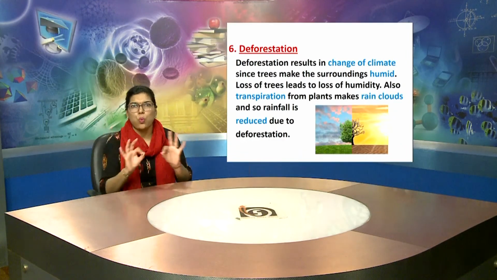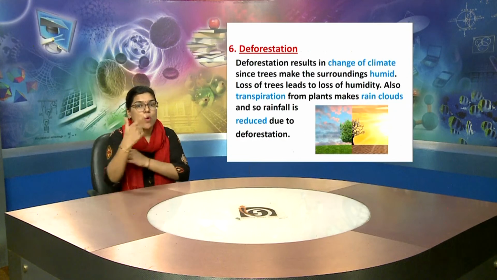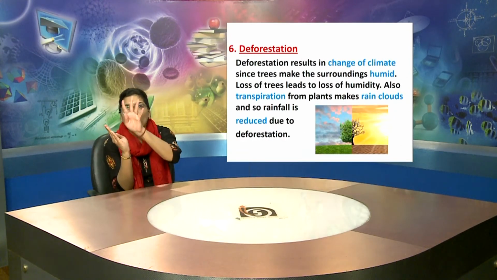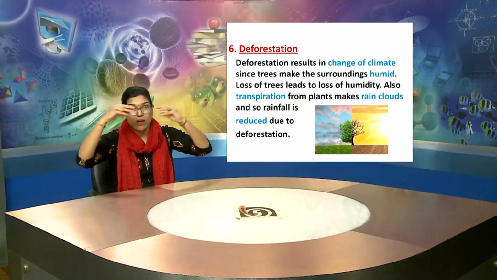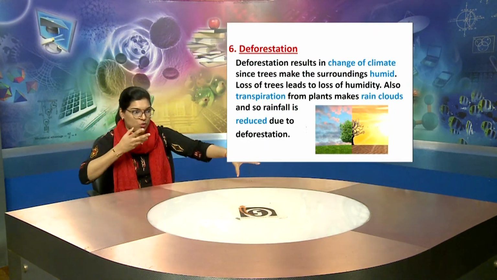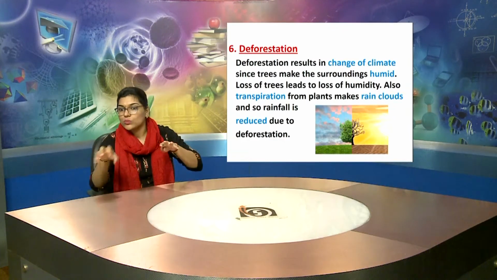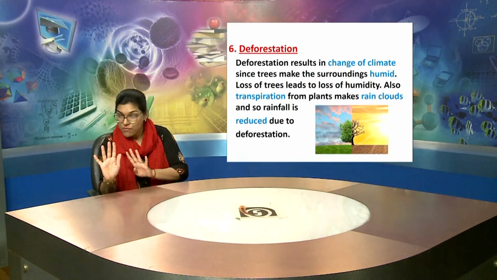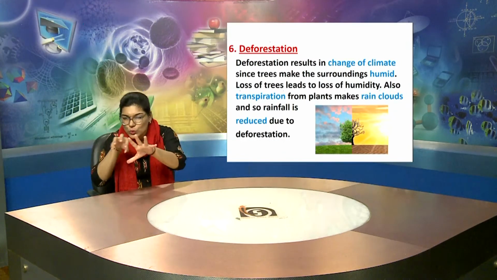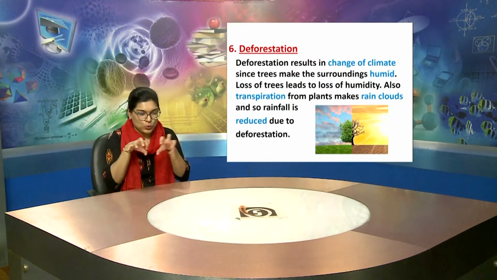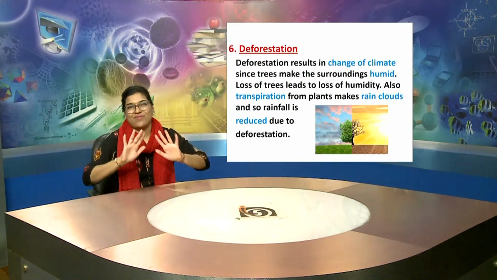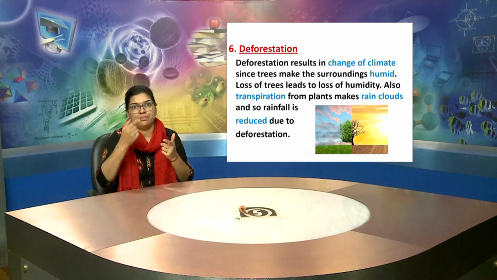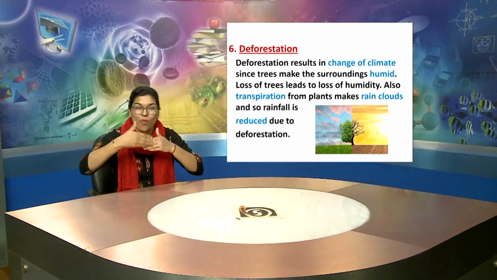Loss of trees leads to loss of humidity because the transpiration from plants makes rain clouds. So, if the rainfall is reduced, then there will be scarcity of water, and that is due to deforestation.